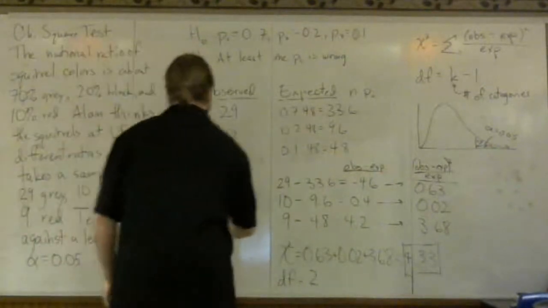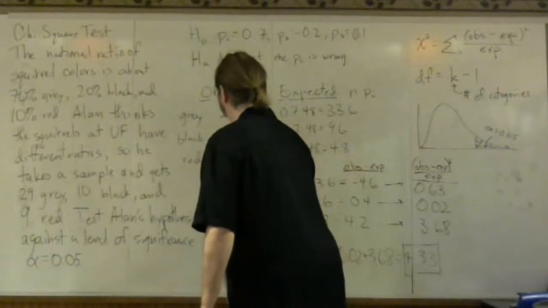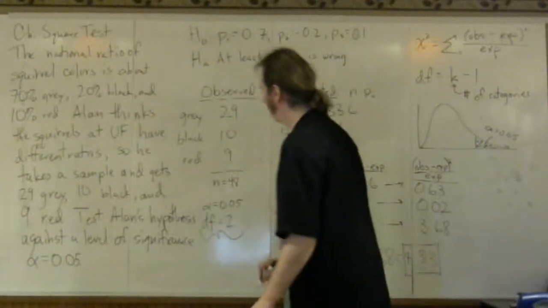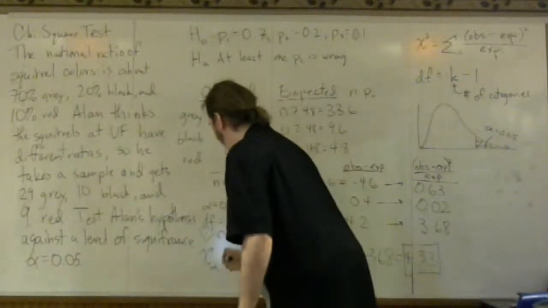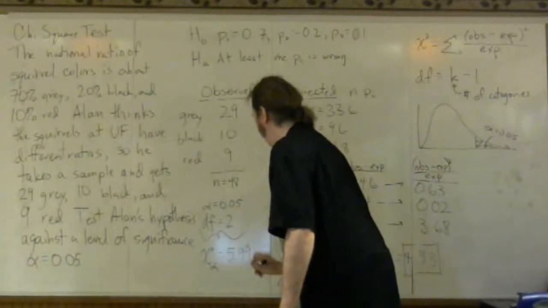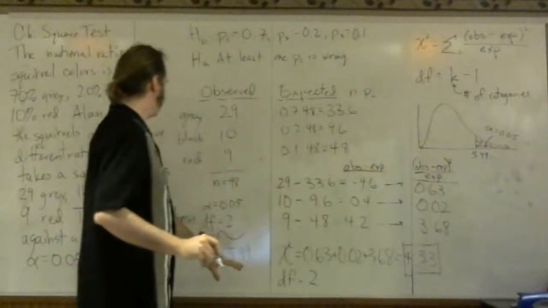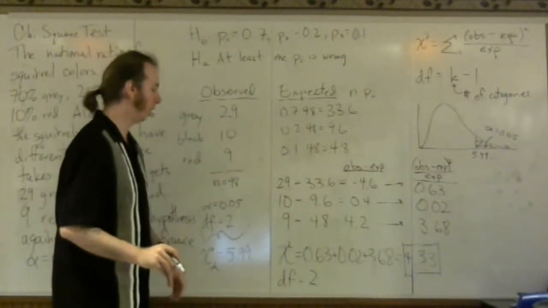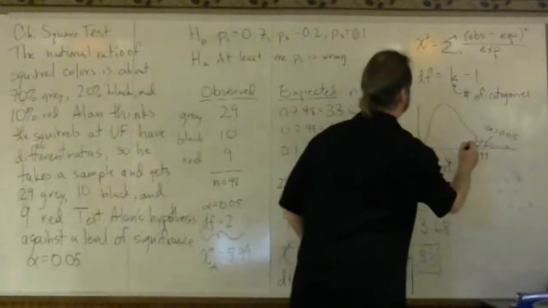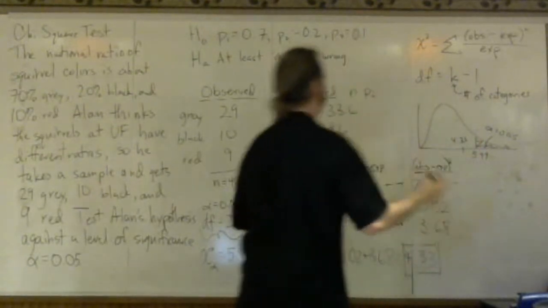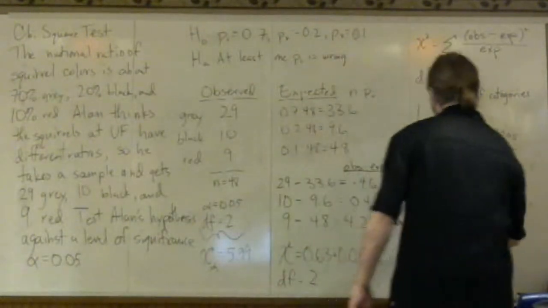Alright, so alpha 0.05 and degrees of freedom 2 gives me a chi-squared value of about 5.99. So this is the chi-squared value for my level of significance. I compare my chi-squared value, 4.33. It's not in that critical region, so here I'm failing to reject the null hypothesis.